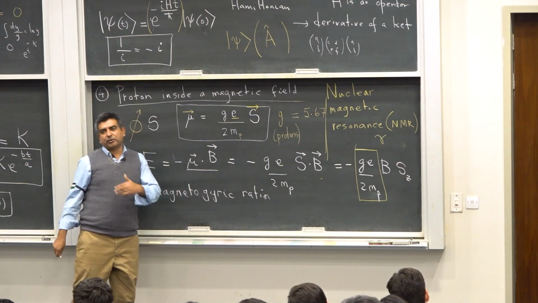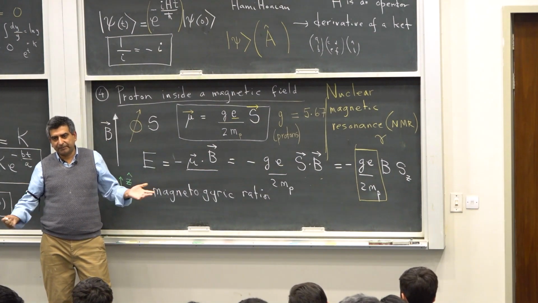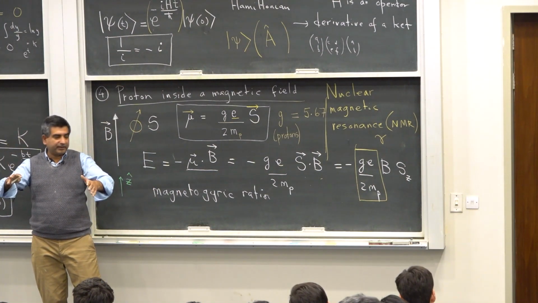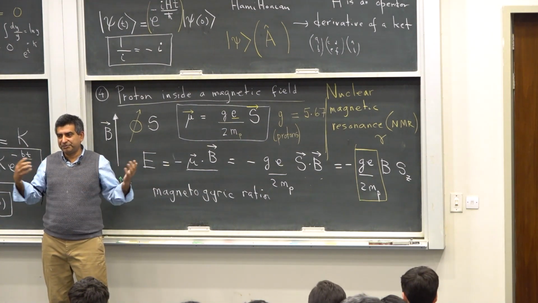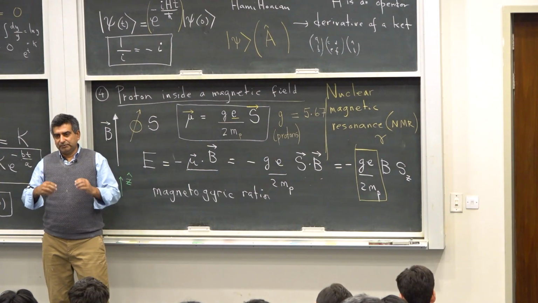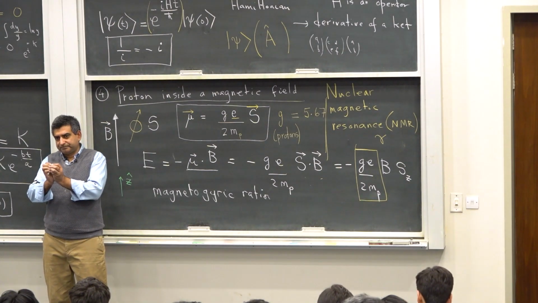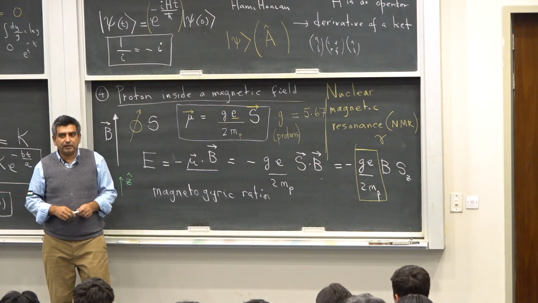In all books it was called the gyromagnetic ratio. Same thing. It's the magneto-gyric ratio. Magneto means it connects magnetism with angular motion, gyroscopy. So it's called the magneto-gyric ratio. All right.